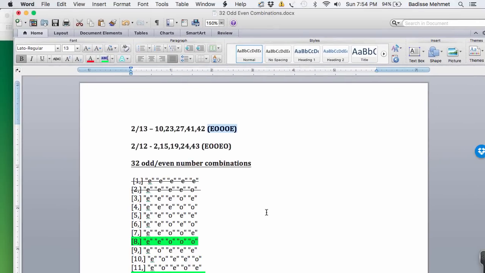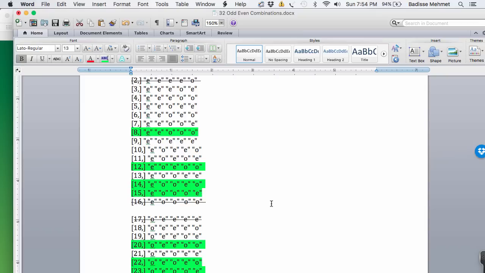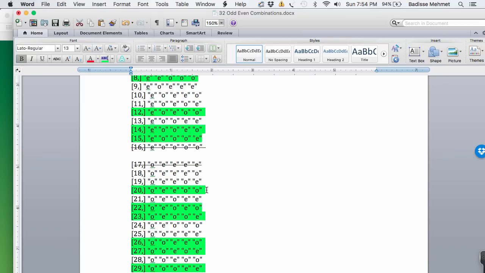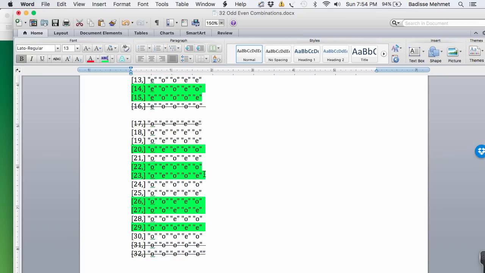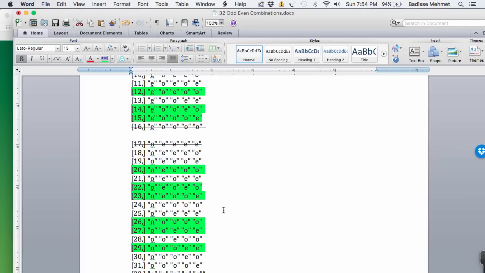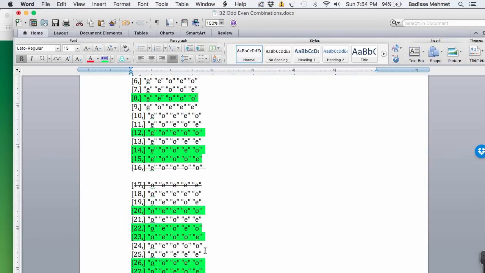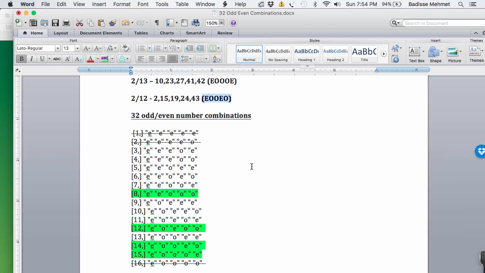Let me show you. How many odd even patterns have 3 odds in them? There's 1, 2, 3, 4, 5, 6, 7, 8, 9, 10. That's out of 32. So right off the bat, by looking at the previous odd even pattern, you were able to knock out all 32 except for 10 of them.